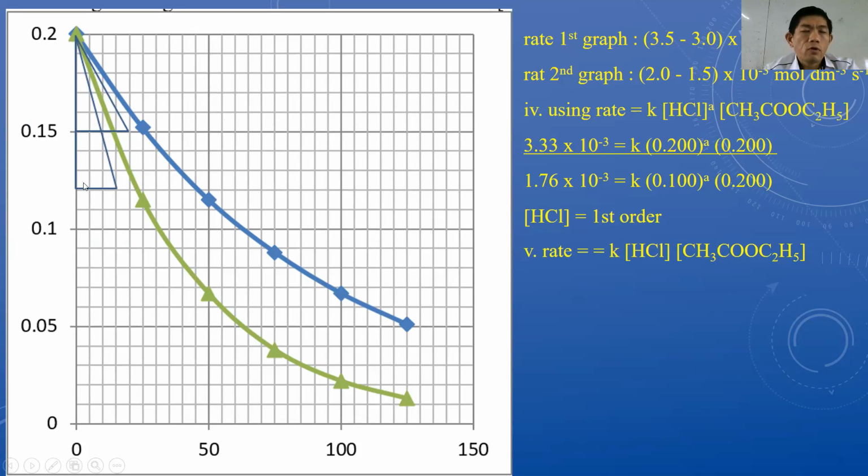Now, if you have my module, inside one of the examples I also show you how to calculate for such a question. So if you cannot understand, you can always refer back to the module where I also explain the same thing. And then you also need to determine the order of the reaction. So the half-life of 0.2 is 0.1, so you get 0.1 in here.